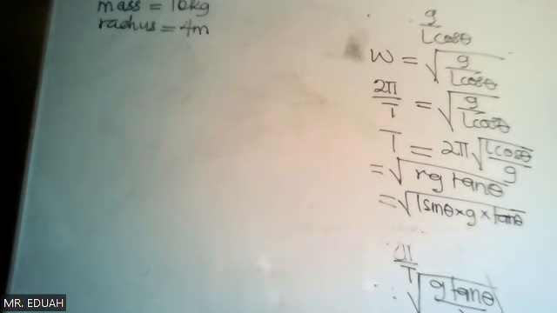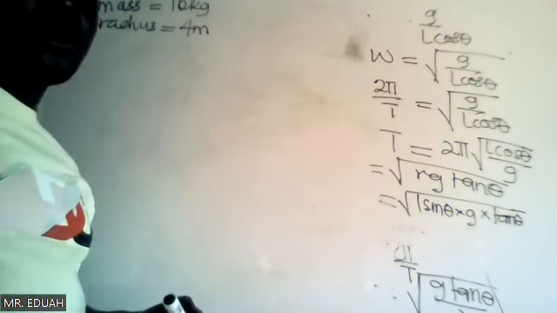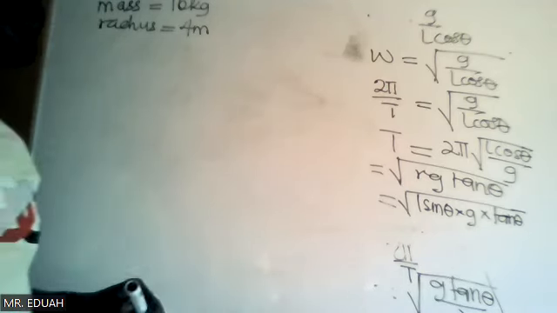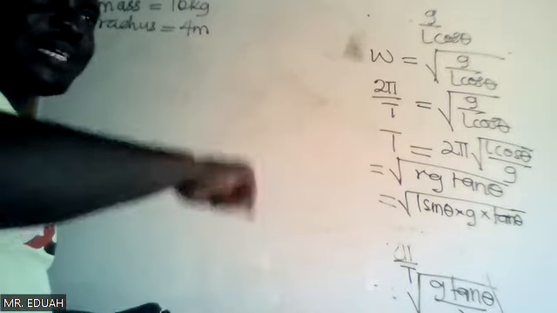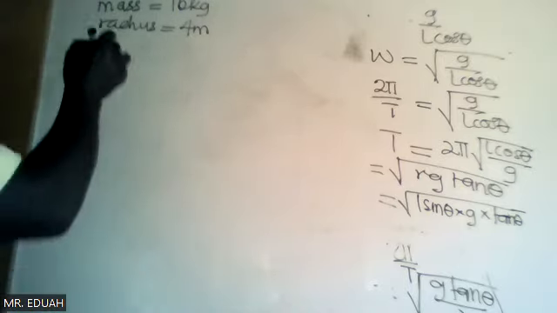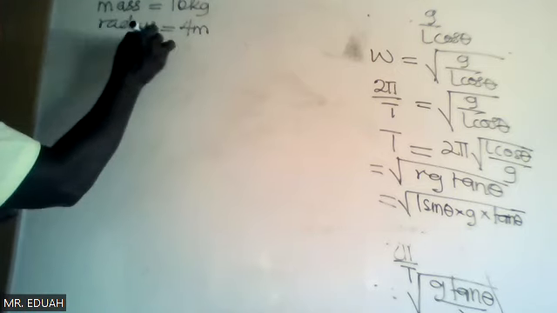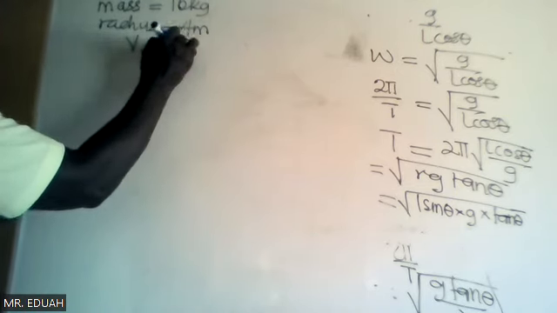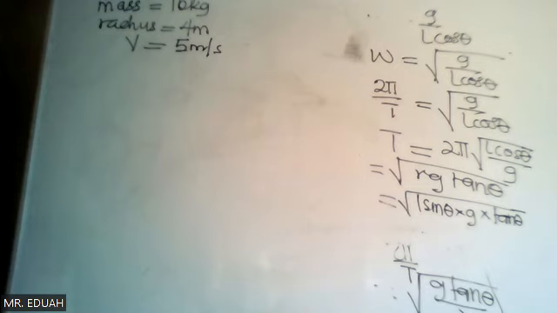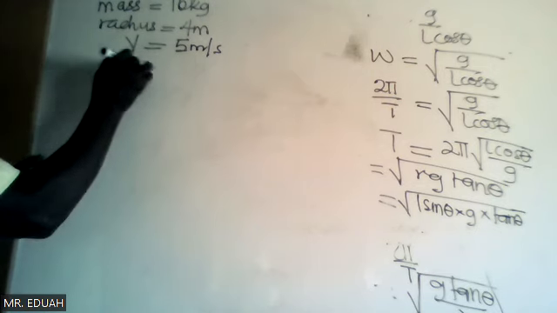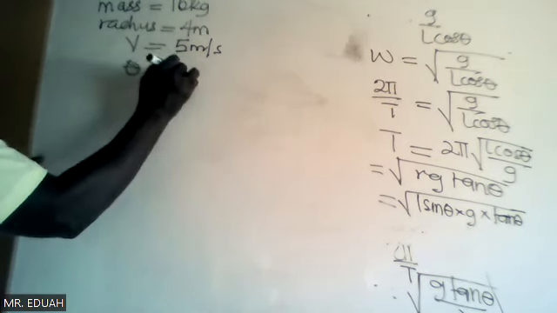If the uniform speed of the object is 5 meters per second, I earlier told you that for a conical pendulum it is uniform speed motion. Calculate the angle of inclination theta and then the tension. So we are looking for theta and T.